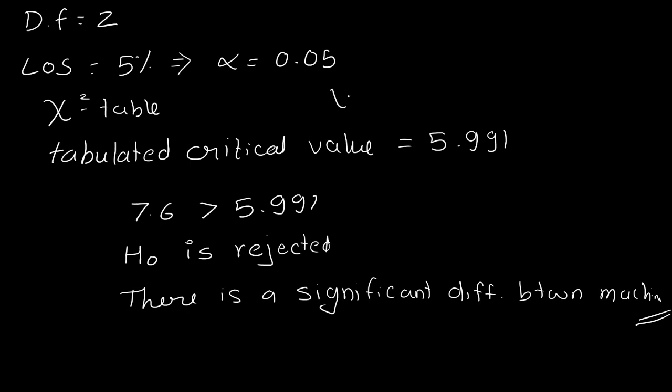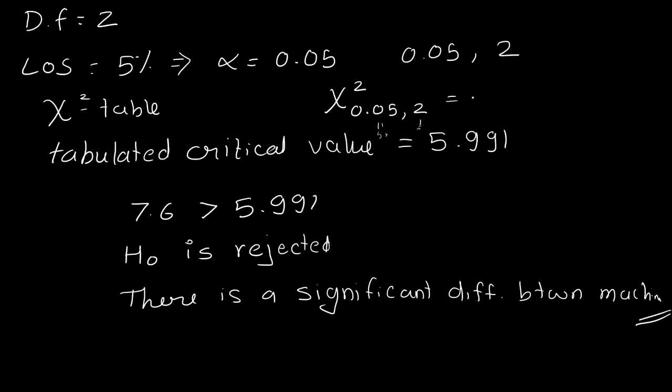Just keep in mind that in the exam it can be directly given that the chi-square value of so and so is this. For this, the chi-square value, which is 5.991, is at the 0.05 level of significance and at degree of freedom 2. So this chi-square is even represented as 0.05 comma 2. This means it is at 5% level of significance with df equal to 2.